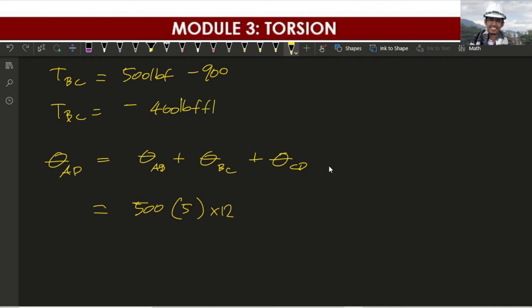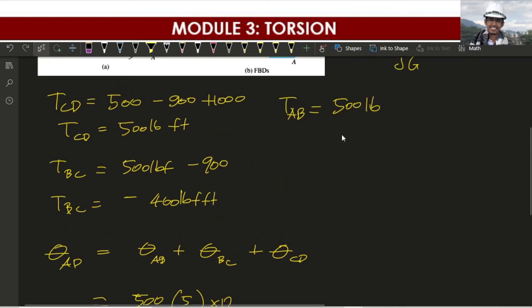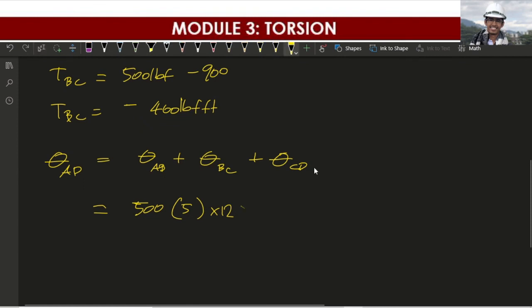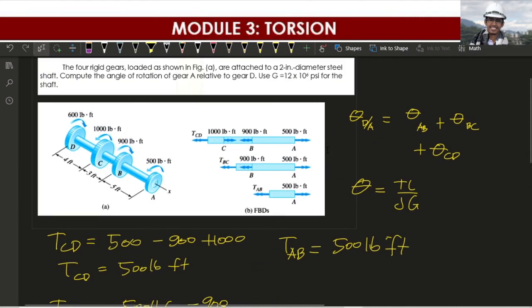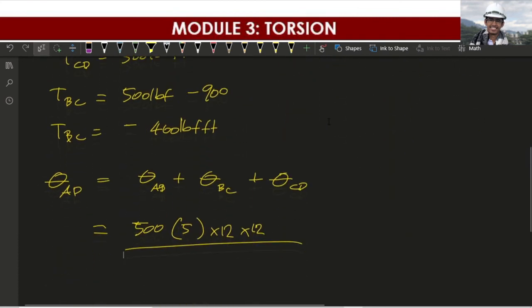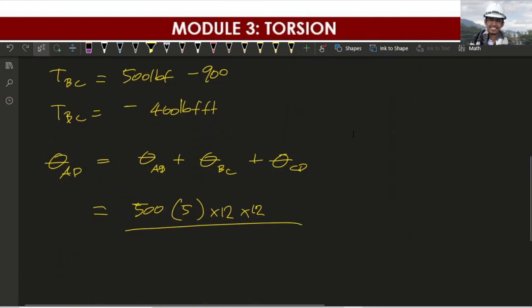Naka-pound-feet yung ating unit sa torque. Therefore, i-multiply ulit natin sila ng times 12, tama? Para maging inches din. Times 12 over yung polar moment of inertia. Iisa na lang yung kanilang polar moment of inertia and iisa na lang din yung kanilang G. So isa-summation na lang natin yung kanilang torque and yung length.